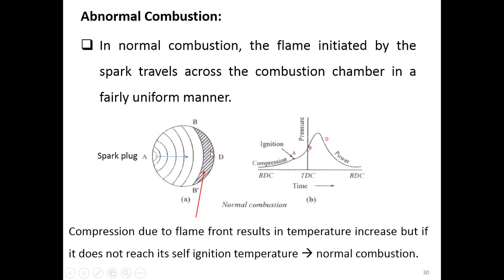The mixture here already has a temperature increase due to the compression stroke, and it has additional temperature increase because of the flame that travels behind it. But as long as the temperature increase here does not go up to the self-ignition temperature, we still have the normal combustion, and our pressure will look smooth like this.